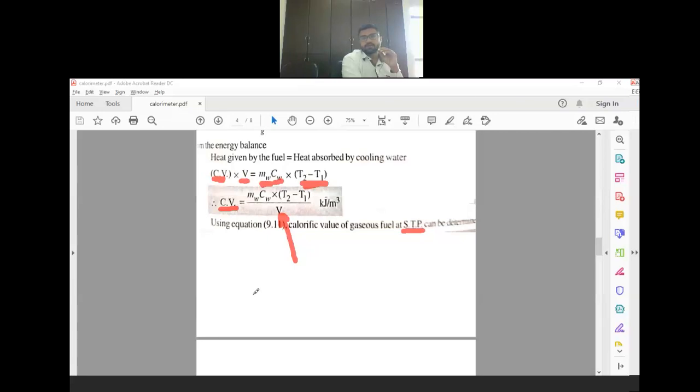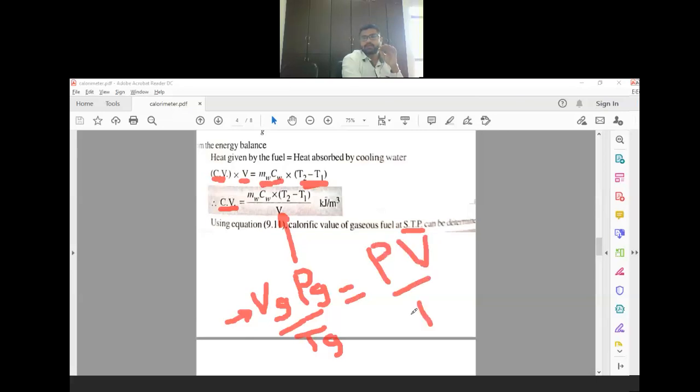But whatever we measured by use of the gas meter was for a different pressure and different temperature, so that is known as Vg. Suppose it is for Pg pressure and Tg temperature. Now we are discussing the volume flow rate that we measured by use of the gas meter. Clear? But we want to convert it to STP. So here you need to write PVT.